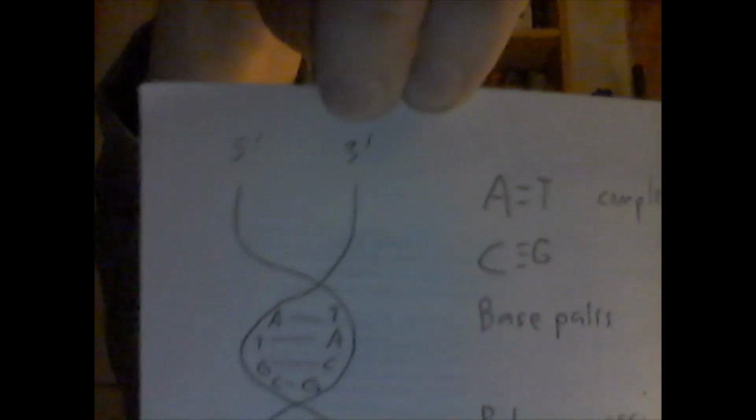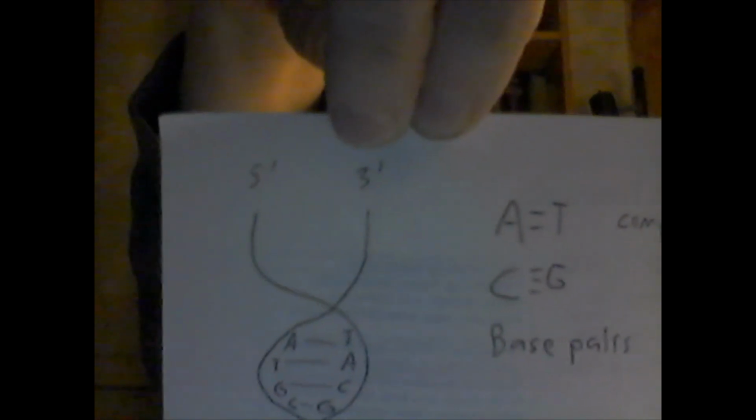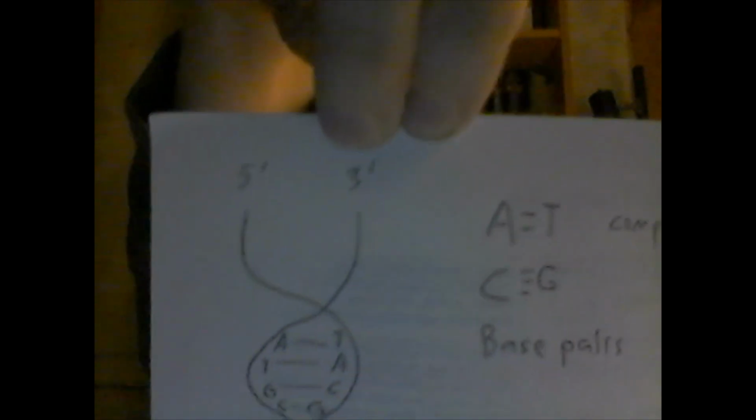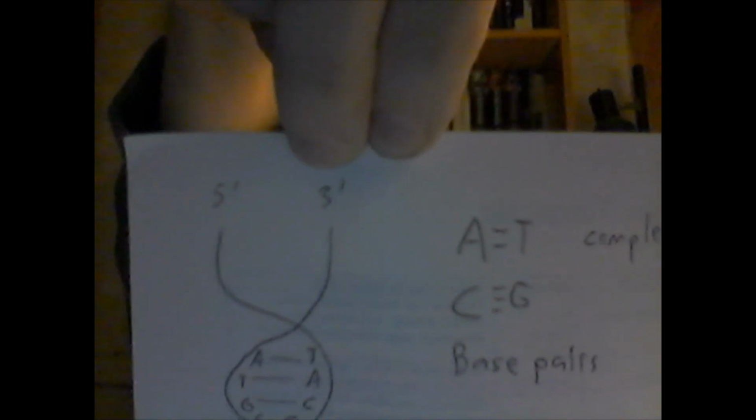So in other words, the two strands of DNA are held together across the middle by a series of hydrogen bonds between complementary bases. So wherever there's an A in one strand, as you can see, there's got to be a T exactly opposite it in the other strand. Wherever there's a C in one, there has to be a G opposite it in the other, and vice versa. Those complementary bases are what's holding the molecule together.